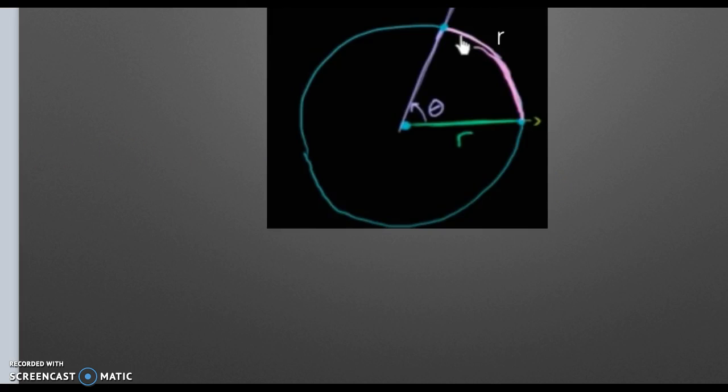In the figure, you can see a circle with a radius of length r and an angle of theta. And let us say that this arc subtends the angle theta. Let's also say that it has a measurement of r.